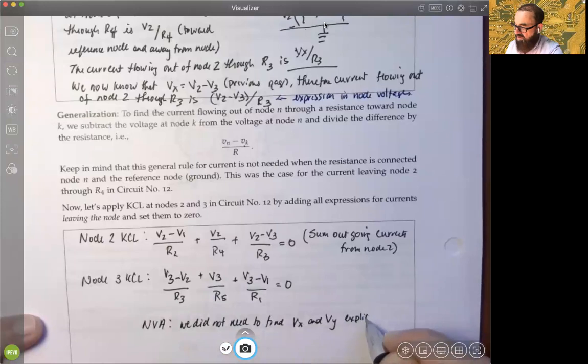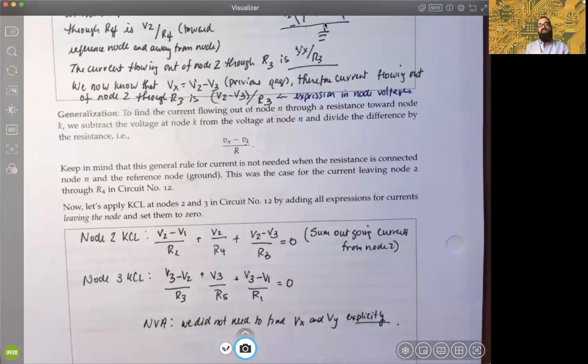It was not necessary because we can get all the voltages that we need by using the difference of node voltages, okay? So the next couple examples are just going to be involving making sure we can write the equations.